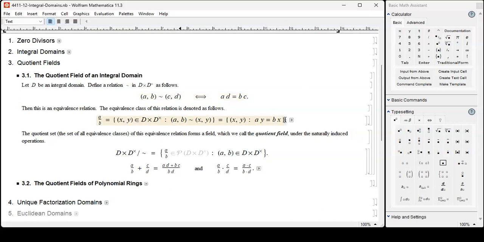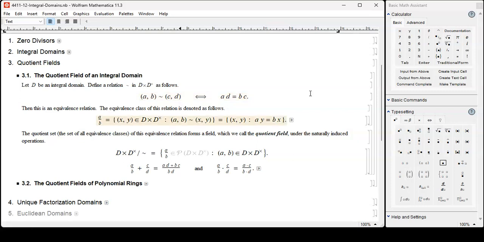And here is an equivalence class: the set of all pairs x comma y that is equivalent to a comma b based upon this equivalence relation. Or in other words, AD is equal to BC, but I replace x comma y in place of c and d.